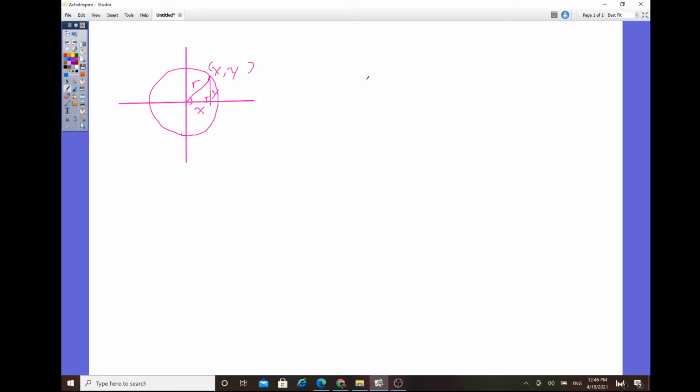One thing we notice is that cosine of theta is x over r, and sine of theta is y over r. Using those ratios, r squared is x squared plus y squared.